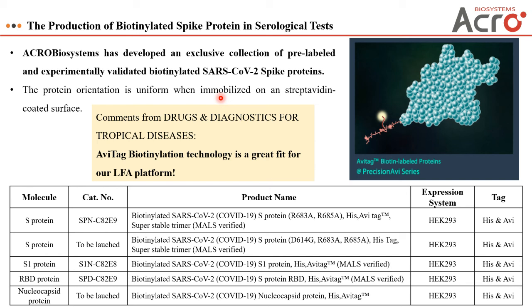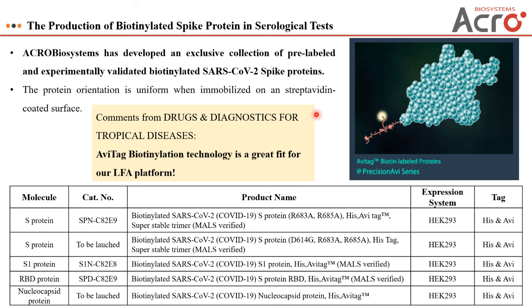The single lysine residue in the AVI-Tag is enzymatically biotinylated by the E. coli biotin ligase BirA. In this way, the biotinylation only happens on the single lysine residue of AVI-Tag. The protein orientation is uniform when immobilized on a streptavidin-coated surface.